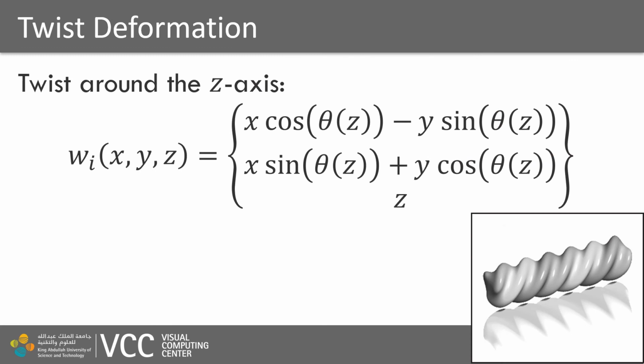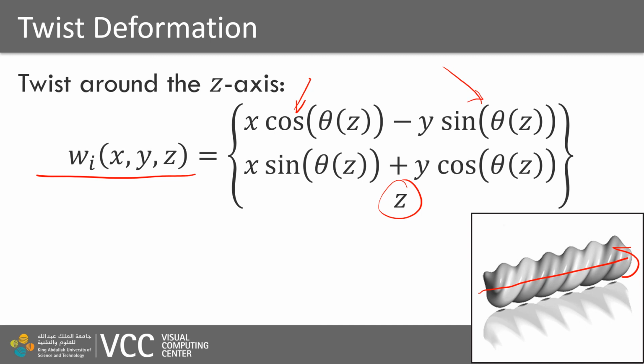We can have further deformations. For example, one of the deformation functions can be defined as a twist. We can see this is the z-axis here, and the z value is unchanged, but for the x and y coordinates, based on the z, we are performing some rotation.